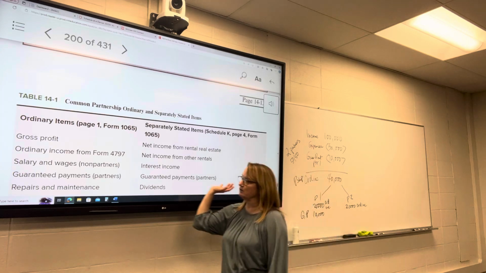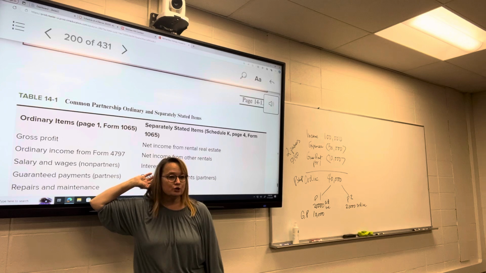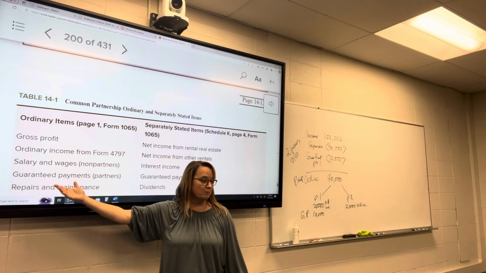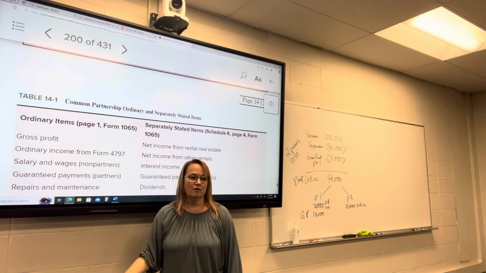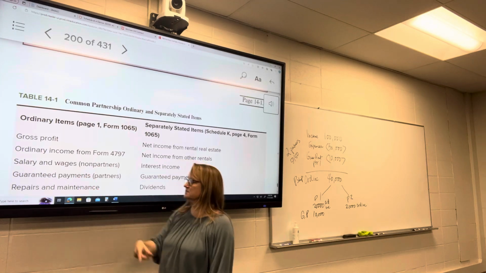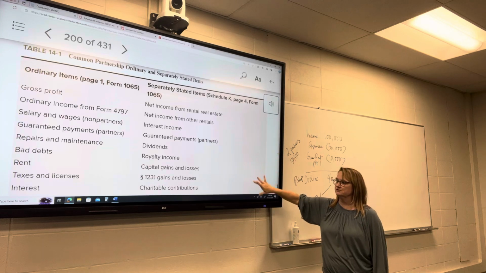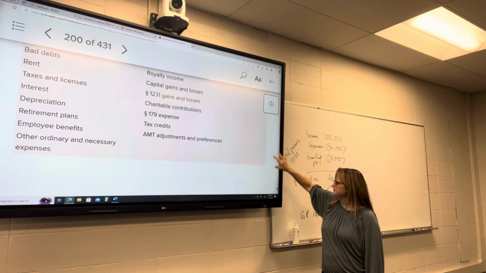If we combined it with all of this, we would never know. If long-term capital gains were mixed in with this, the individual partner would be losing out on the advantage of that lower tax rate on the long-term capital gains, right? Because this is going to be taxed at a different tax rate. So that's what all these things are, items that would be treated differently. And then again, just kind of a list of all of that stuff.